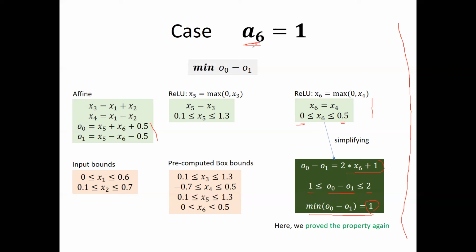So we really had to invoke linear programming on 2 instances out of the 4 possible ones by just using the bounds. And using these 2 remaining instances, we're able to prove our property.